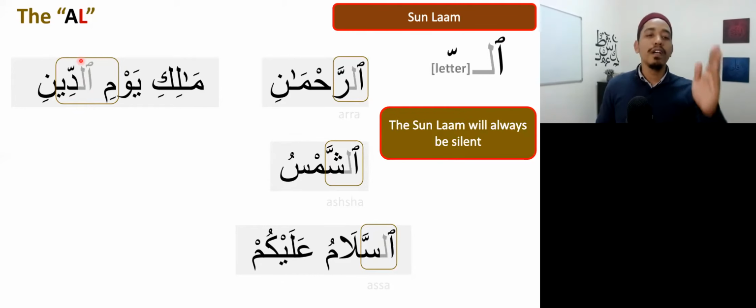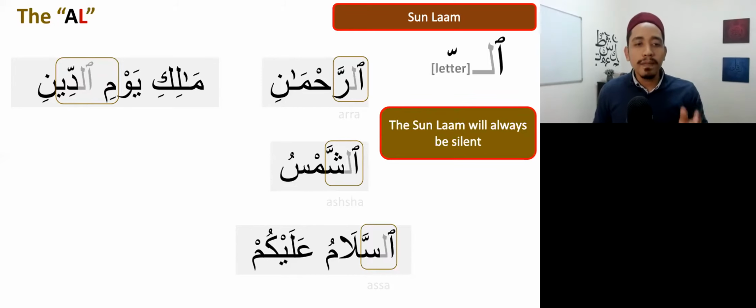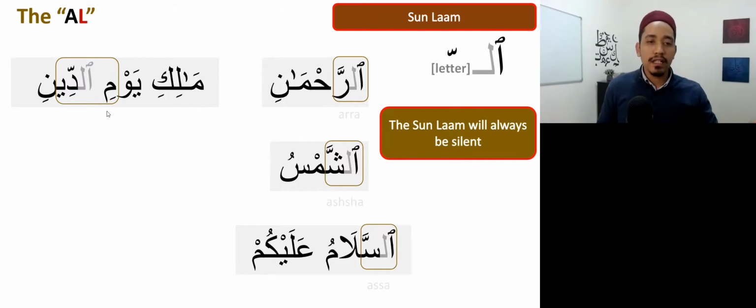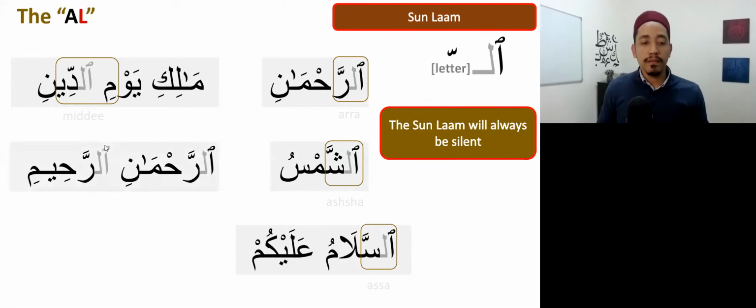It's a sun lam, so it will also be skipped. So you see, sometimes you can skip two letters, even three. So this will be middin, straight from the meem to the dal with a shadda. Middin, from the meem to the dal.